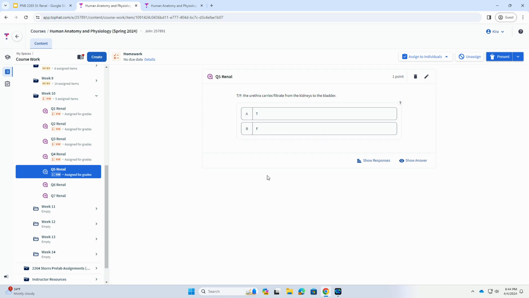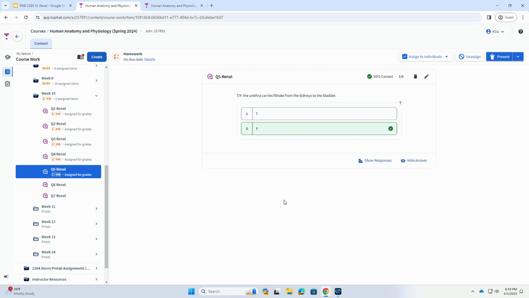True or false? The urethra carries filtrate from kidneys to the bladder. We're pretty split on this one.